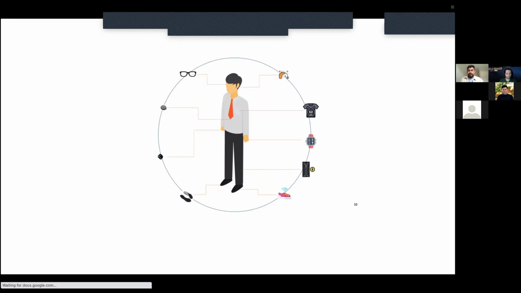When I started my research, I looked at how we can easily integrate these computing devices into our body. One of the easiest ways to do this is using our clothes or everyday clothing accessories as a base.